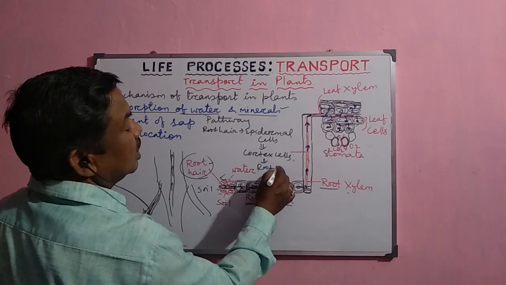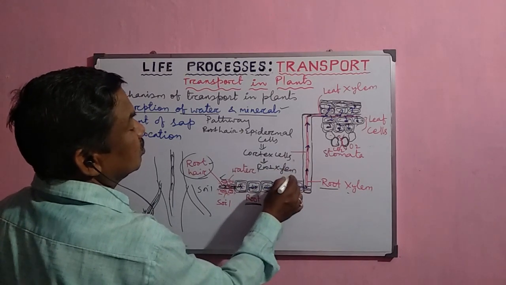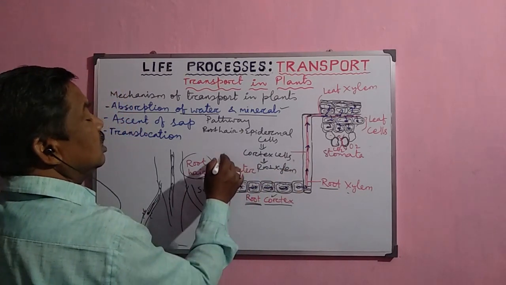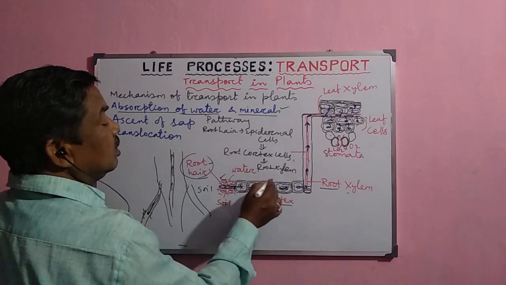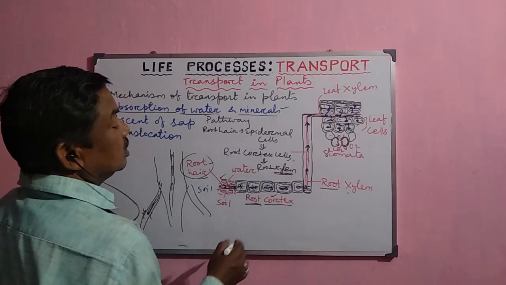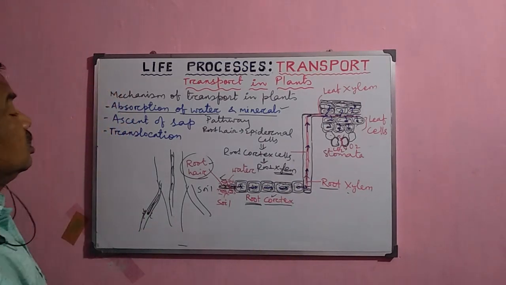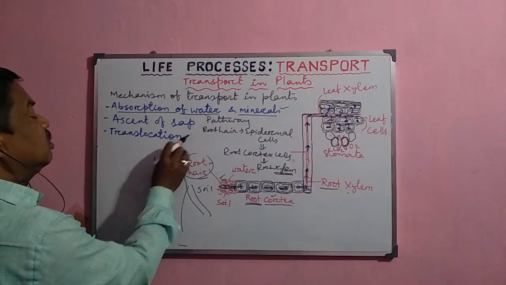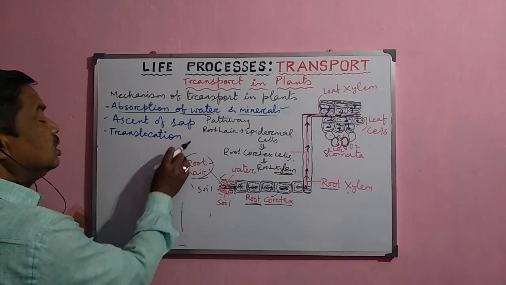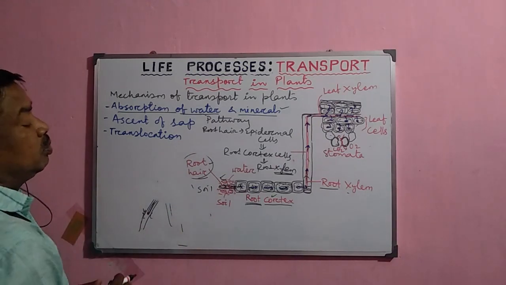The root xylem is the vascular tissue, the conducting tissue, and after it reaches the xylem, it moves in the upward direction. So that is the pathway for the absorption of water. In higher classes you will study the actual pathway.